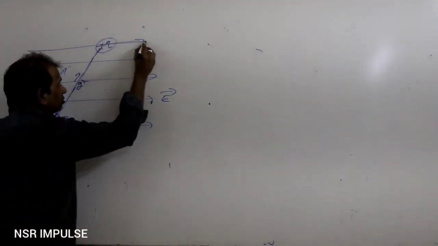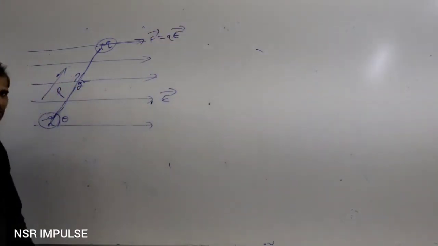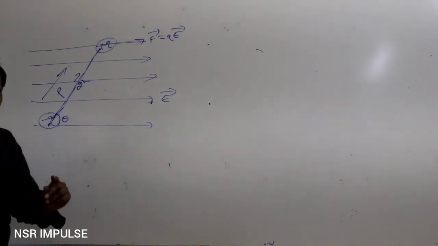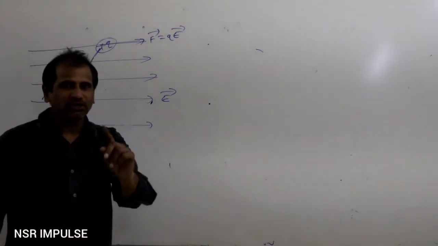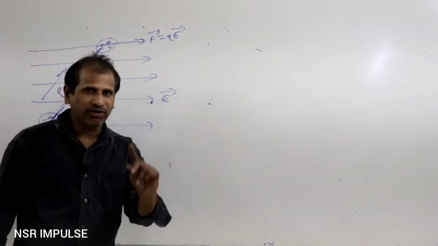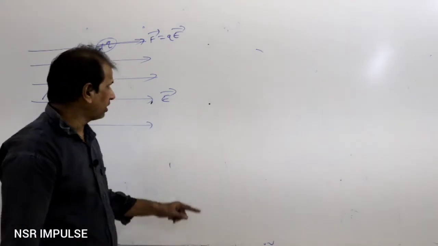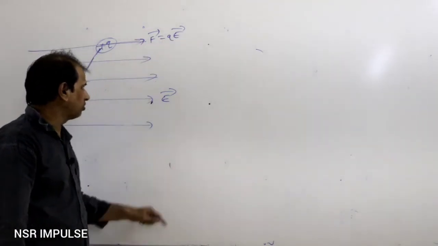Now you see, the force acting on the positive charge is F equal to QE. Remember once again, one important point I am repeatedly telling: if any charge is placed in an electric field of intensity E, it has to experience a force. That force is F equal to QE.